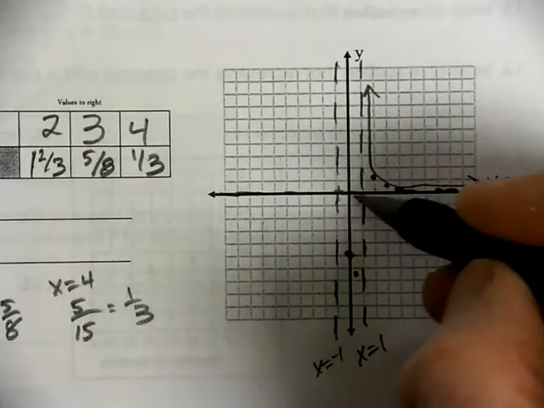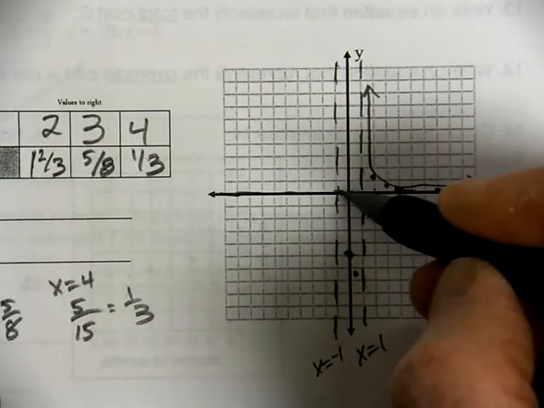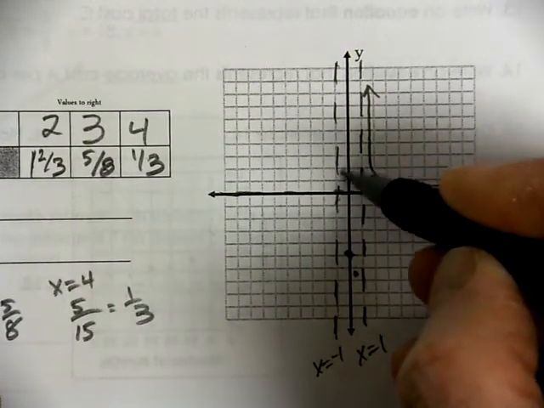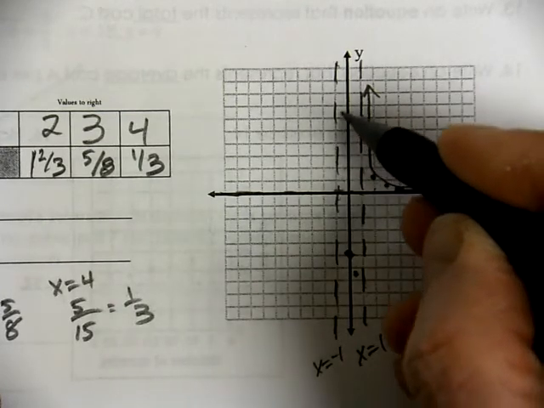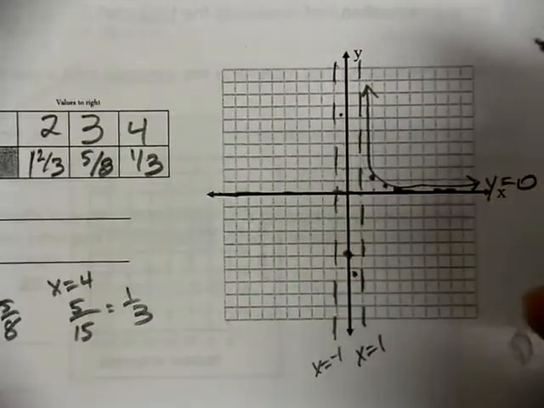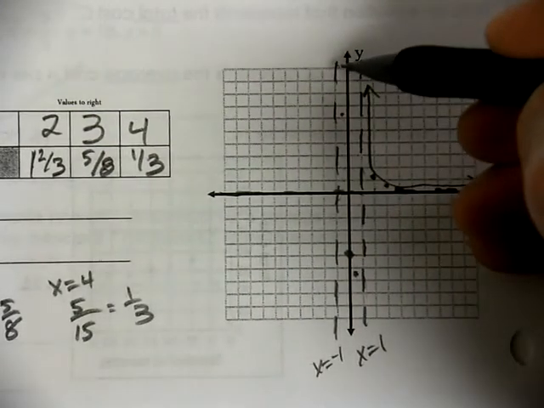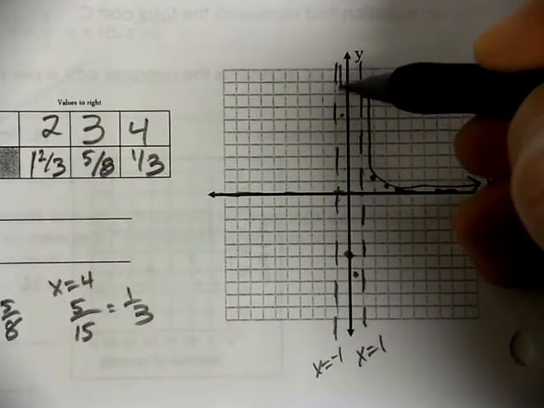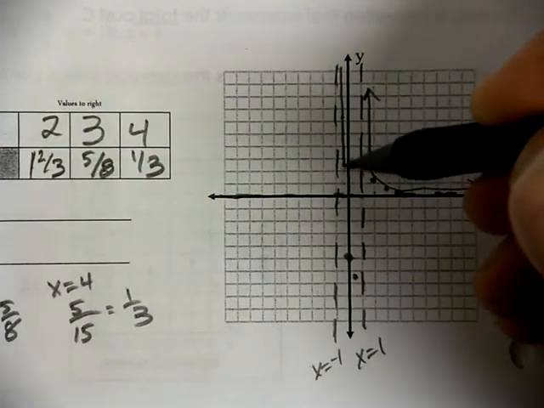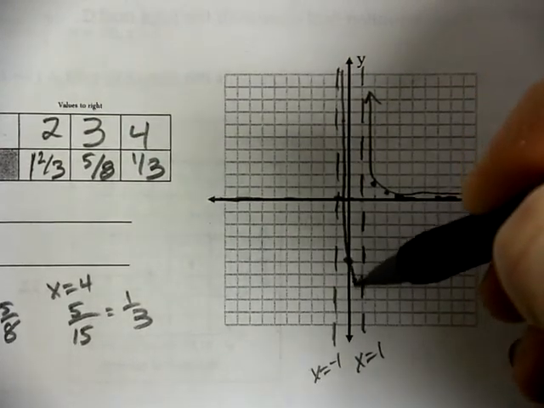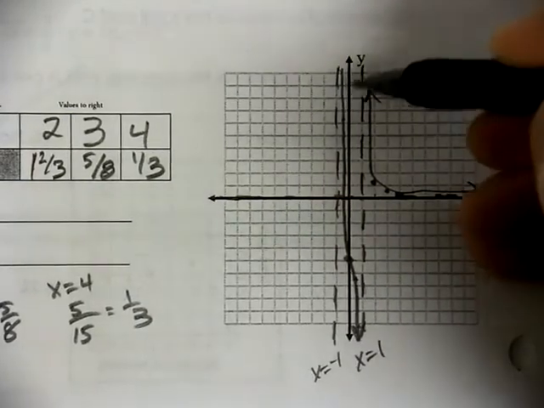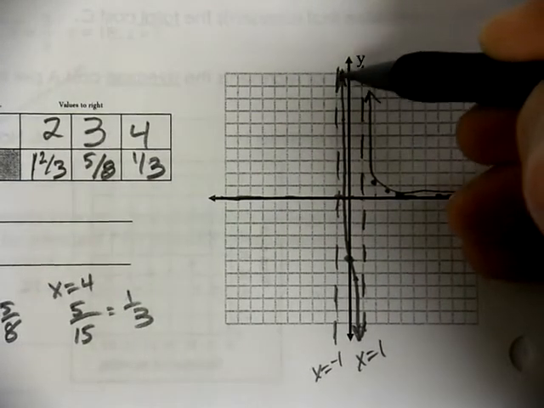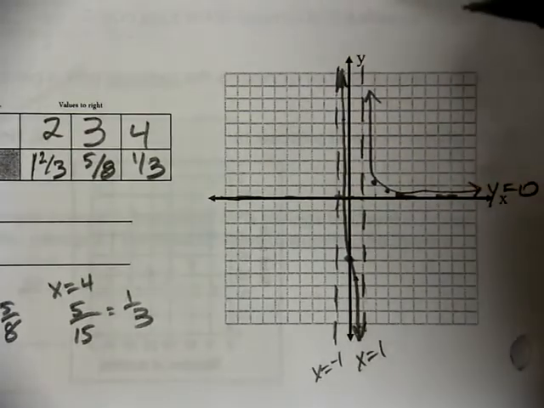On the other side, at negative 1/2, we're going to be up at 6 2/3. So this is one of those funny graphs I've talked about. It is going to cross the x-axis. It's going to cross the horizontal asymptote. That's okay.